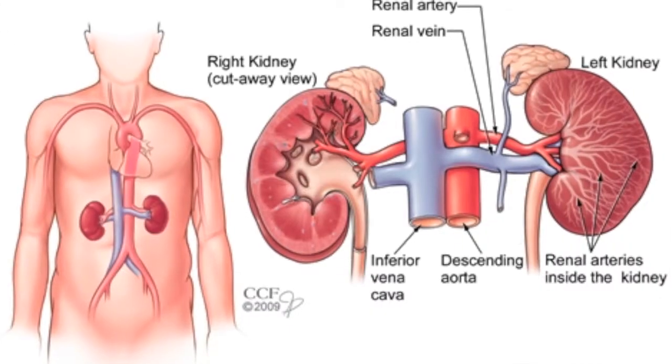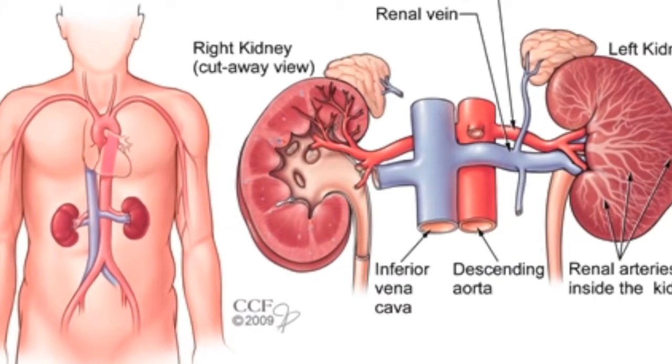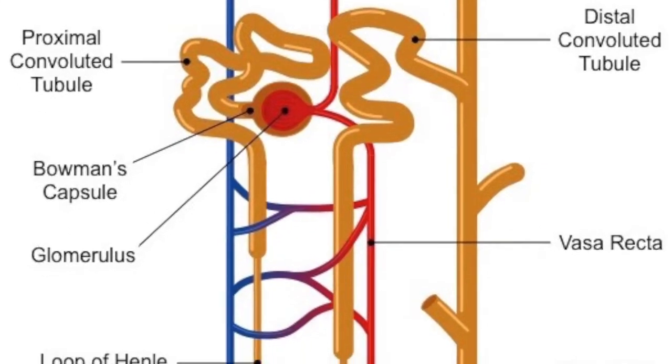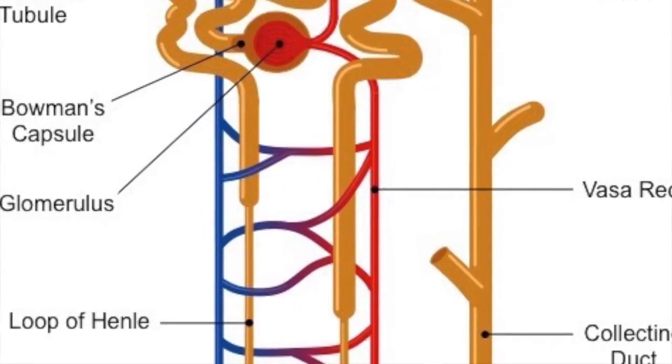The blood arrives at the kidney via the renal artery, which splits into many afferent arterioles. These arterioles go to the Bowman's capsule of nephrons, where the wastes are taken out of the blood by pressure filtration. Peritubular capillaries also surround the nephron, so substances can be taken in and out of the blood.